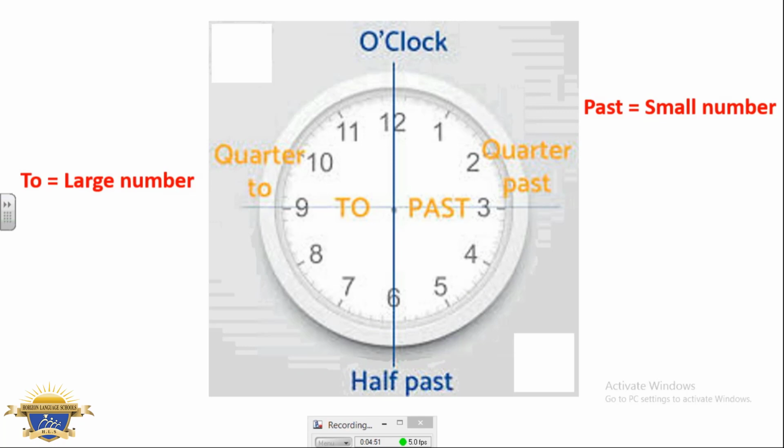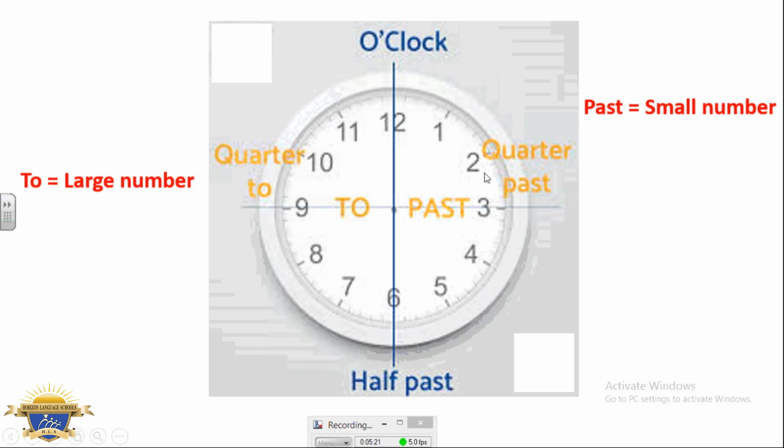And if the minute hand is on number 6, it's half past. When the minute hand is on number 3, it's quarter past. If the minute hand is on number 9, it's quarter to.